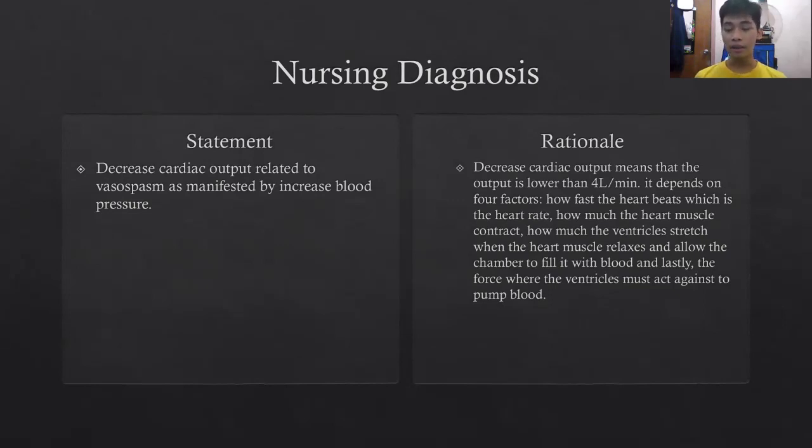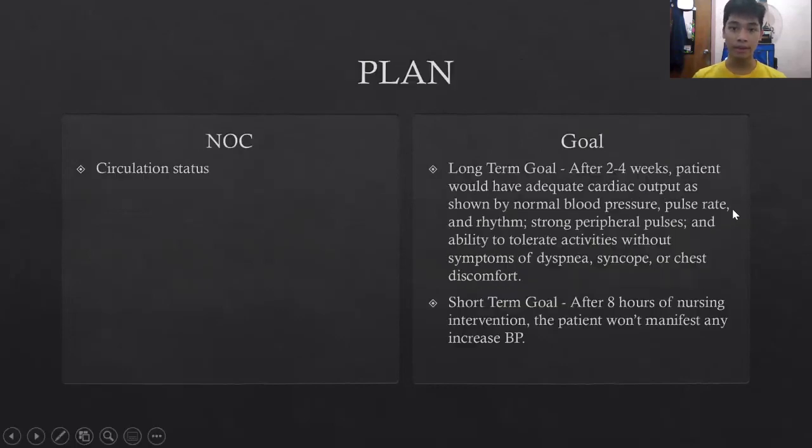So this has 4 factors such as how fast the heart beats, which is the heart rate, how much the heart muscle contracts, how much the ventricle stretches when the heart muscle relaxes and allows the chamber to fill with blood, and the force against which the ventricles must pump blood throughout the body.